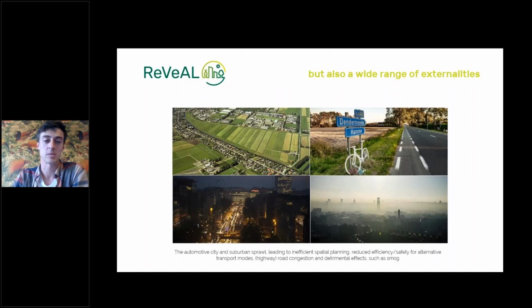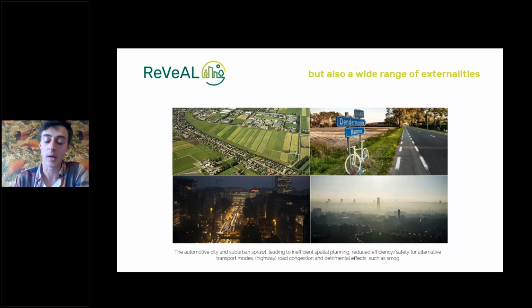But next to this maximization of mobility, it has also led to a wide range of externalities, as you can see on the top left, which is very common where I live in the region of Flanders in Belgium, urban sprawl, but also aspects of safety, the typical white bicycles which are a sign of traffic crashes, also showing on the right top the very small bicycle paths next to larger roads, aspects of congestion, and also known to most of you, aspects of air pollution.